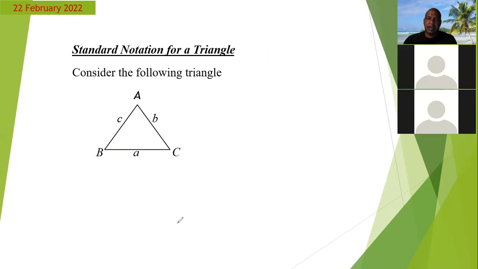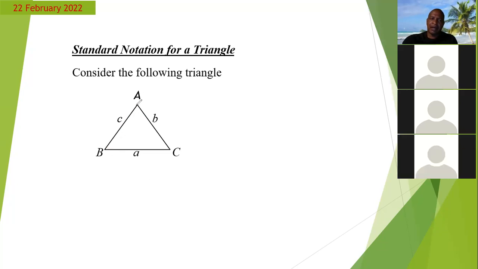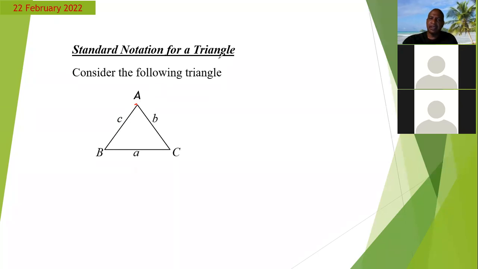So I was saying earlier, in terms of labeling triangles, where two sides meet, we refer to that as a vertex. So two sides meet at this point here, and that vertex is labeled with a capital letter. So all the vertices are labeled with capital letters.